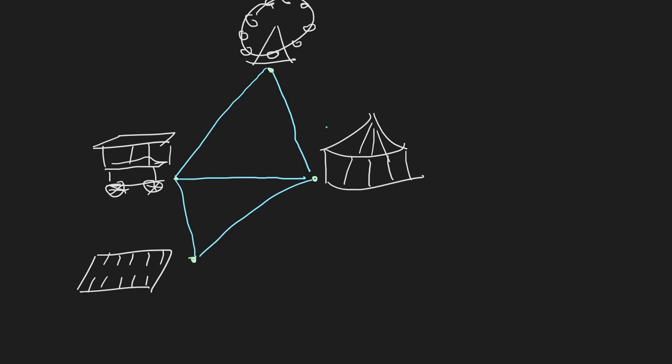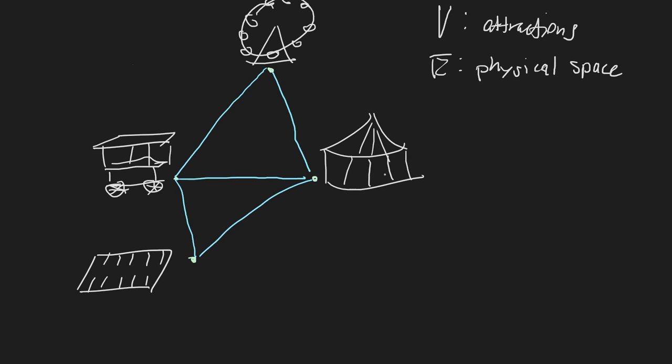Actually, I'm gonna write this out. So vertices are attractions, and edges are just physical space. To make our lives easier, we will impose a couple restrictions on our model.